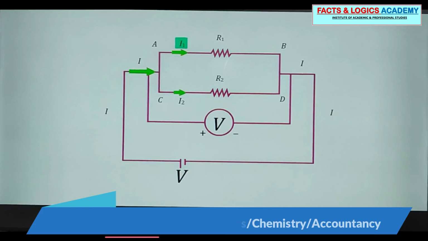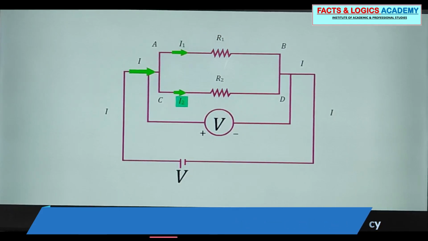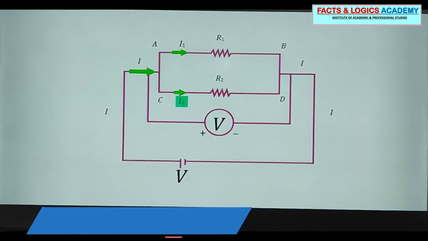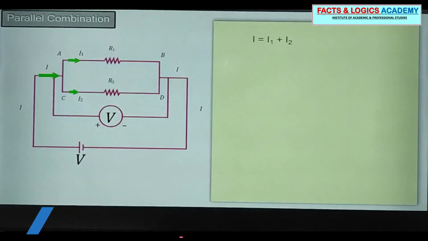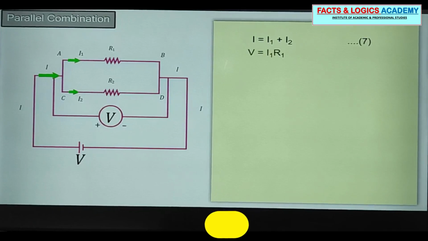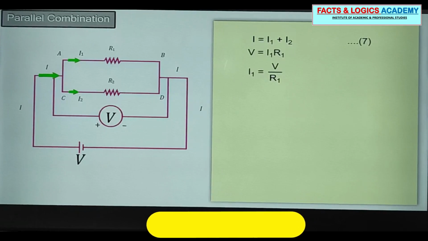I1 is the current through the resistor R1 and I2 is the current through the resistor R2. We can now write I is equal to I1 plus I2. Let us label this as equation 7. Applying Ohm's law across R1 and R2 individually, we can write V is equal to I1 into R1 and I1 is equal to V by R1.